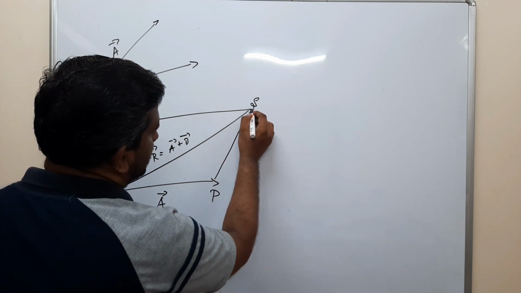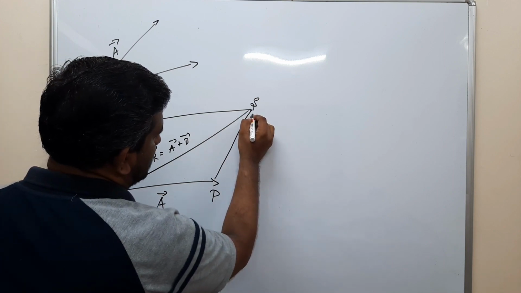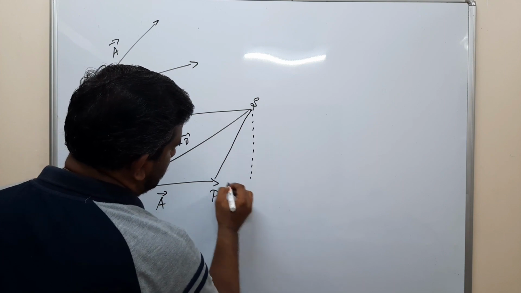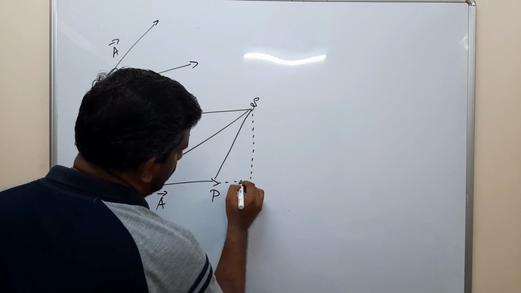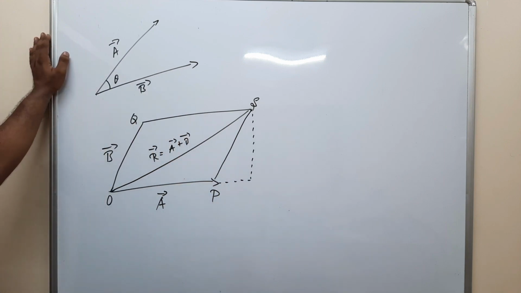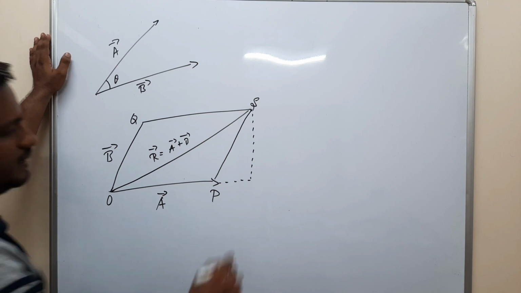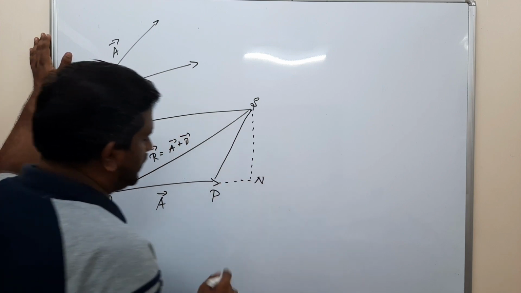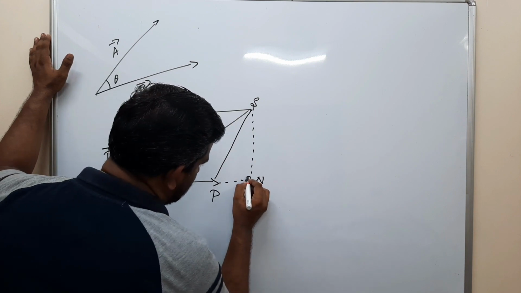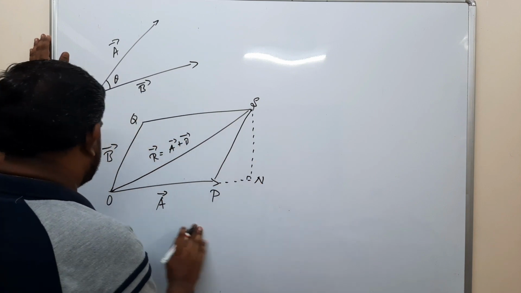So draw SN perpendicular to OP produced. What is this angle? This angle is 90 degrees.